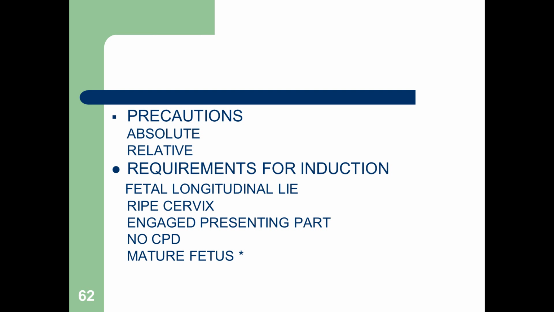And if they're borderline, they'll have intensive care, a neonatologist standing by, and prep for admission to the neonatal ICU. So it depends on the patient and the circumstance for which you're inducing this patient.